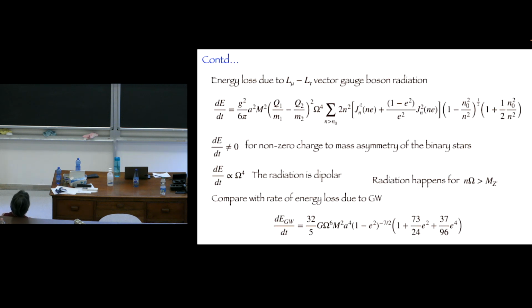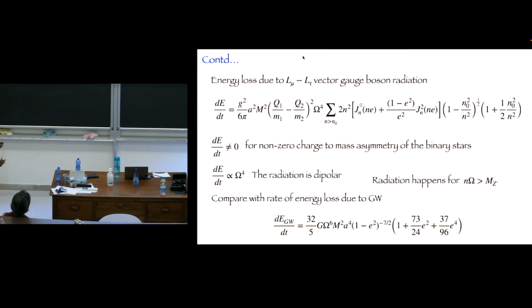So you see that this is the rate of energy loss if the L mu minus L tau vector bosons are radiating, where a is the semi-major axis and M is the total mass of the system. So it requires an asymmetry in the charge to mass ratio of the binary system for the radiation of the vector gauge bosons, okay.